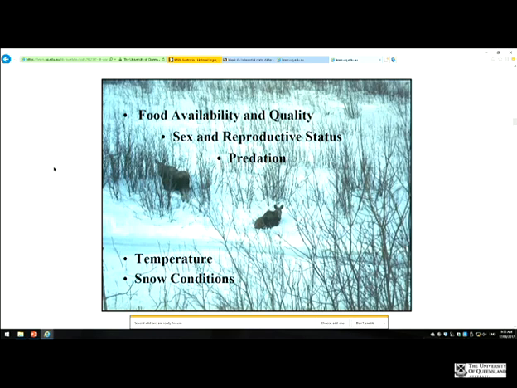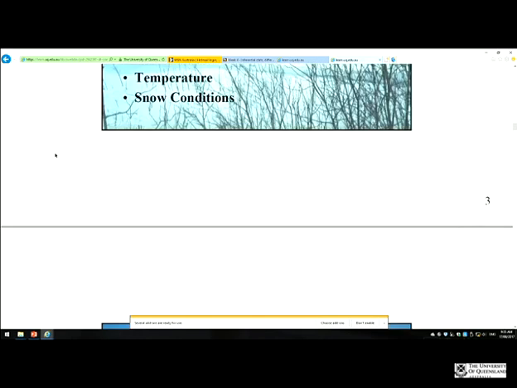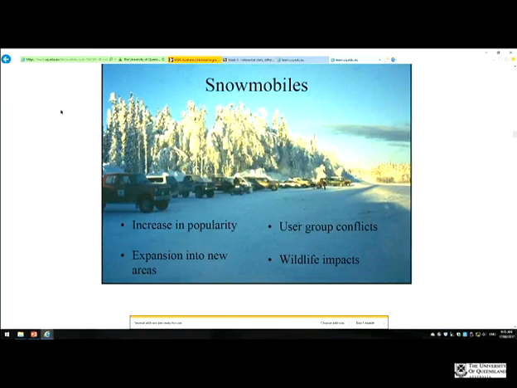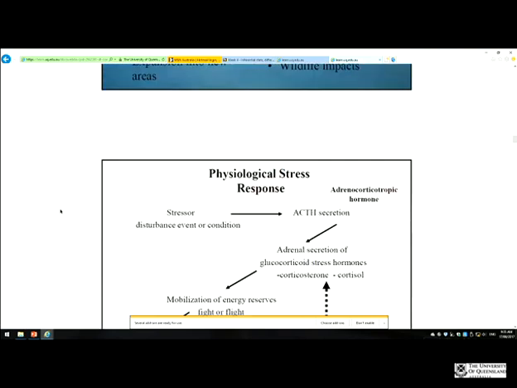It could be to do with food availability and quality, could be to do with predation, reproductive status, temperature, etc. And they were especially interested in this because there was a rapid increase of snowmobile use happening, but you also had an economy that was really dependent on these natural resources. So tourism was important, but having the moose there for tourists to look at was also important. But it was also new areas. They were considering, should we open up new areas for snowmobile use?